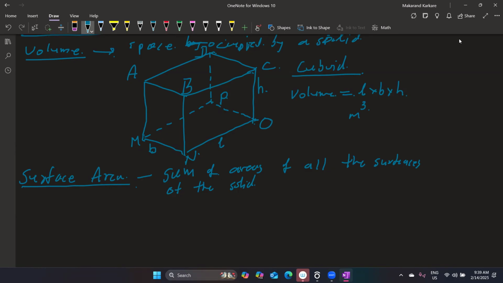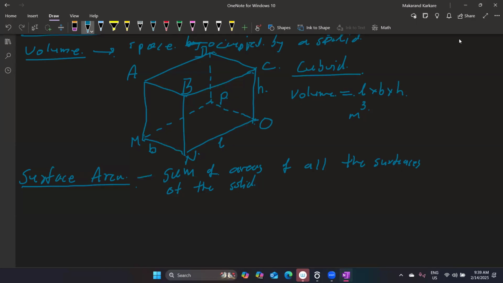There's this ABCD is one surface, MNOP is another surface. Both these surfaces are L by B. Similarly, I have ABNM as one surface and DCOP as another surface, which are all going to be H by B. And then I have two front surfaces, BCON and ADPM.